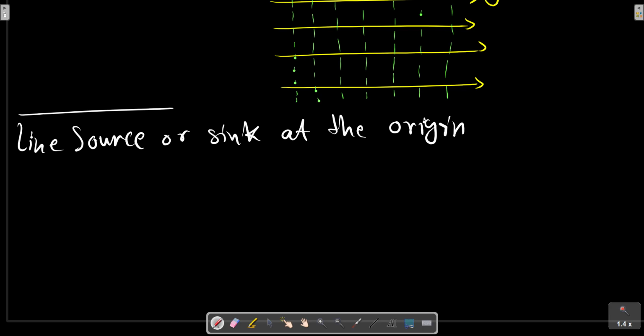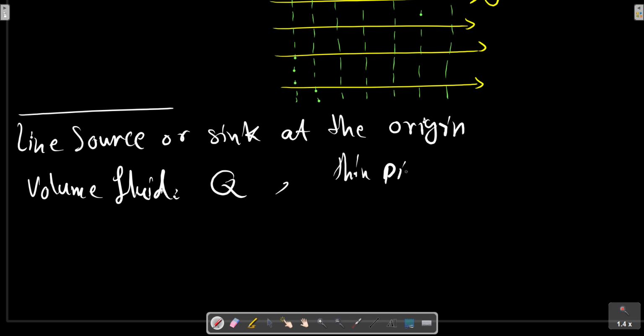So with Q volume of fluid, uniformly along its length, thin pipe manifold.